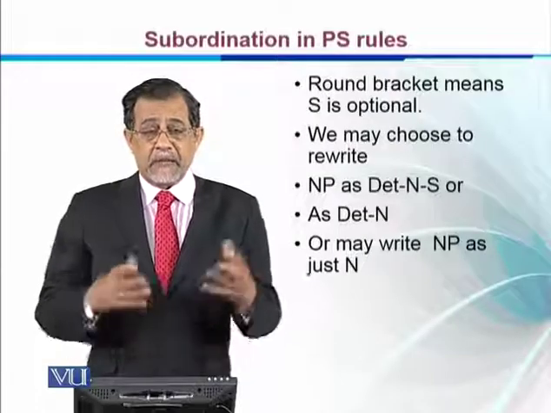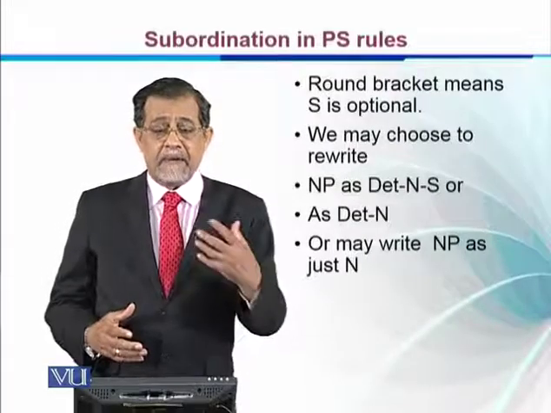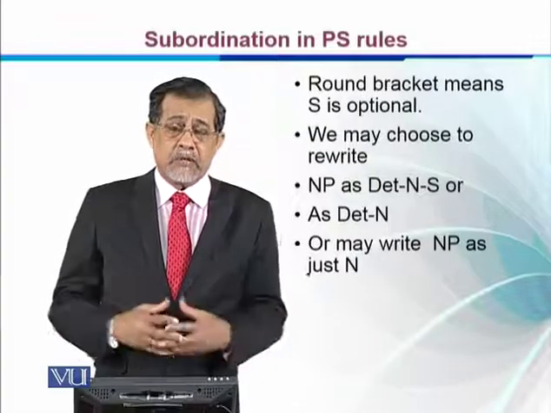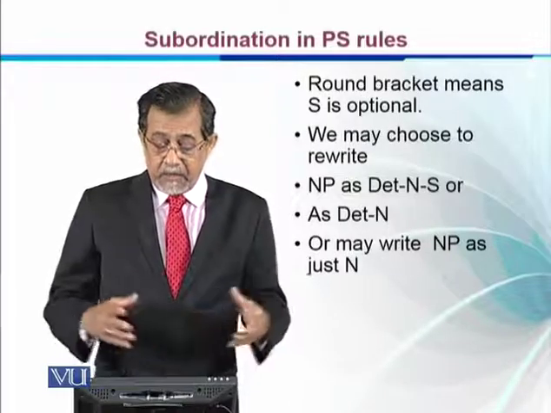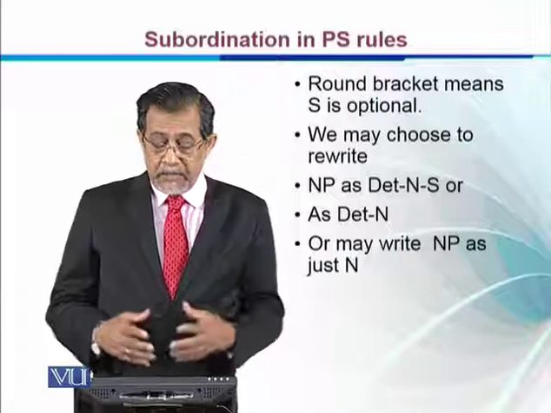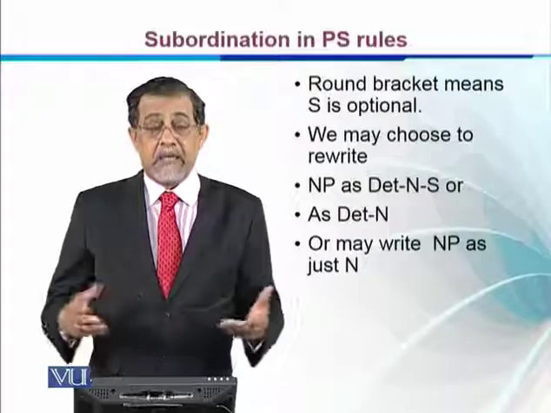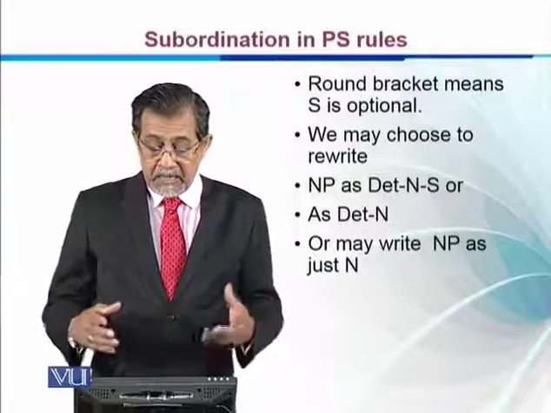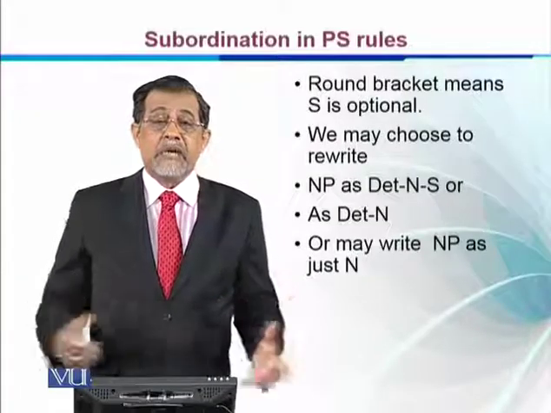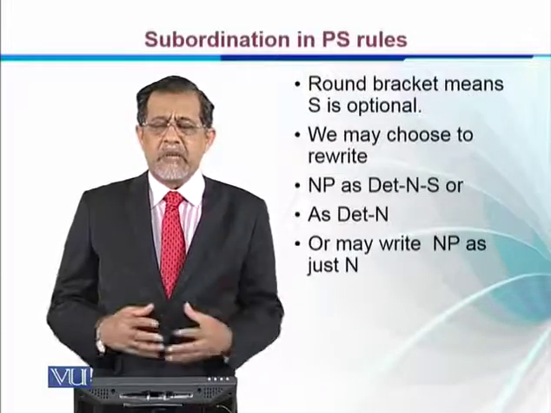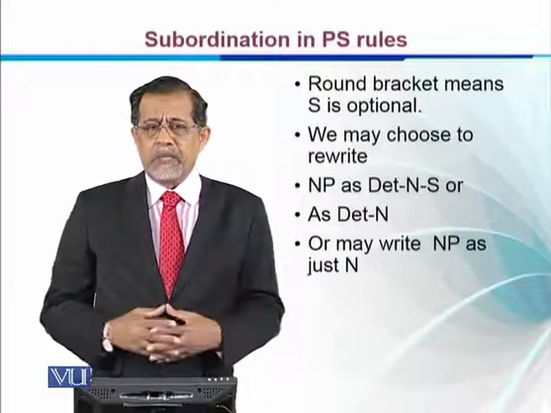Not every noun phrase has this S element or subordinate. We may choose to rewrite NP as determiner, noun, and sentence, or as determiner and noun, or may write NP as just N, right? It depends on what type of analysis we are doing with the sentence.